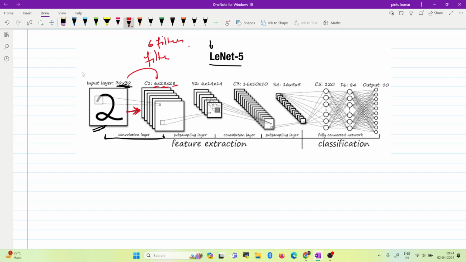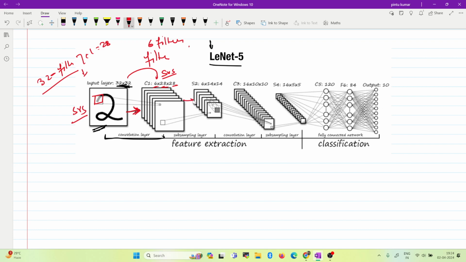If there is no padding, and stride is again 1, this would be 32 minus the filter width, plus 1, equal to 28. So I think the filter size is 5 cross 5. They have used a 5 cross 5 filter to obtain 6 different convolution features.